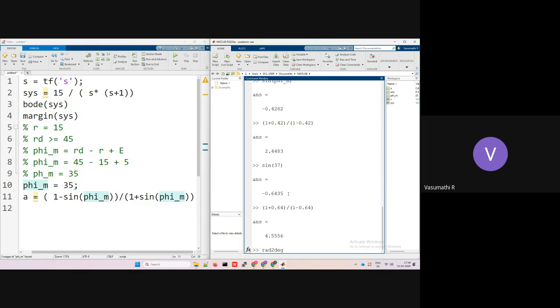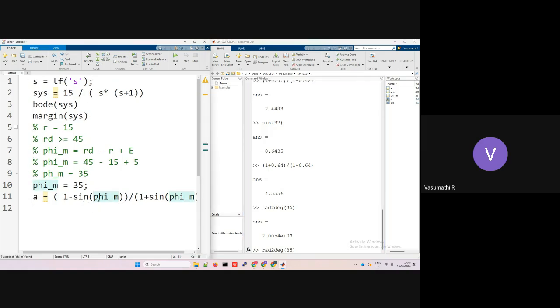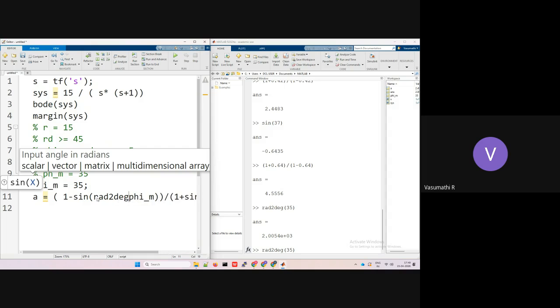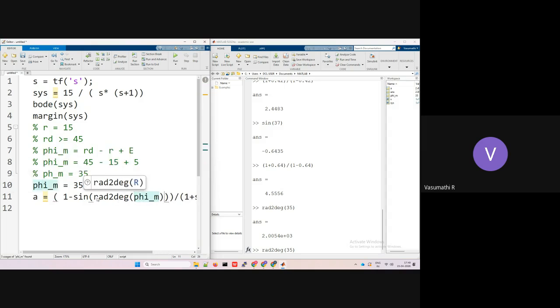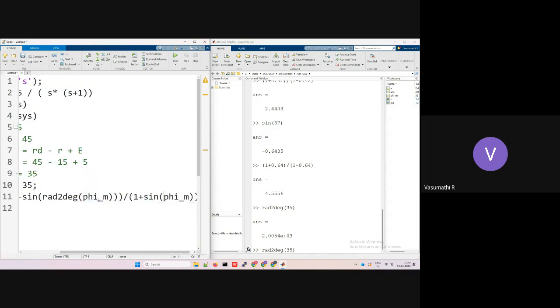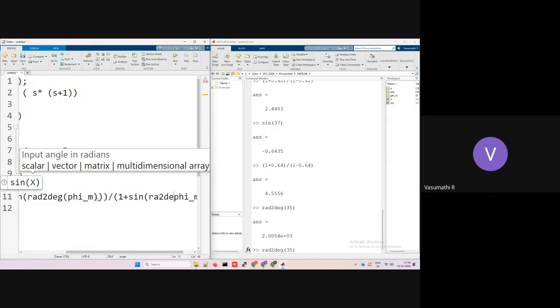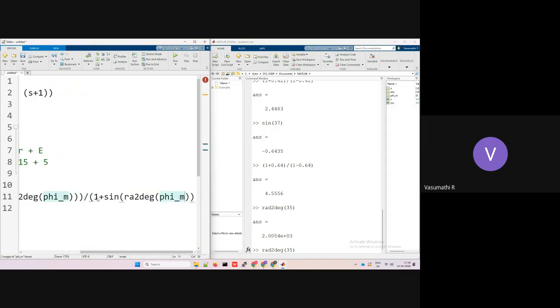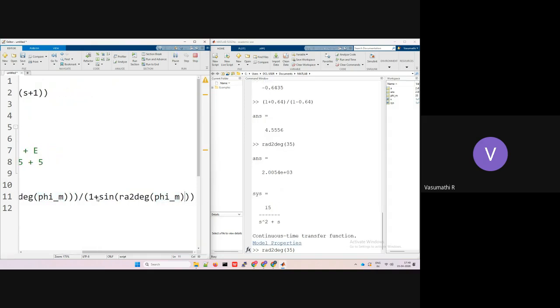I think this is the one. 35. Correct. Okay. Then it should be sine of this. Radians to degree. Fine. We should get it.